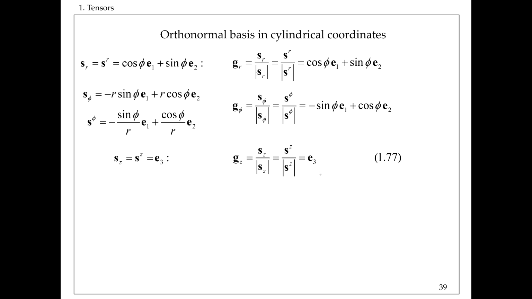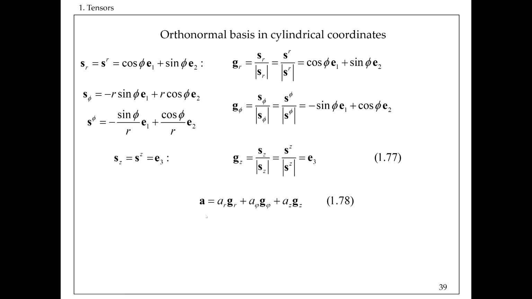It's just a unit vector in exactly the same direction as before. Any vector can be represented in terms of these components, right? So this is some arbitrary vector A, and it has three components, three basis vectors of different directions, and they are of course orthogonal to each other, as you can see from here.